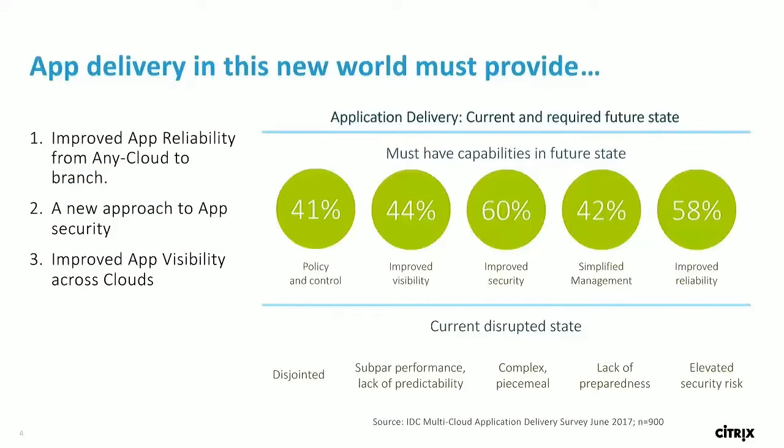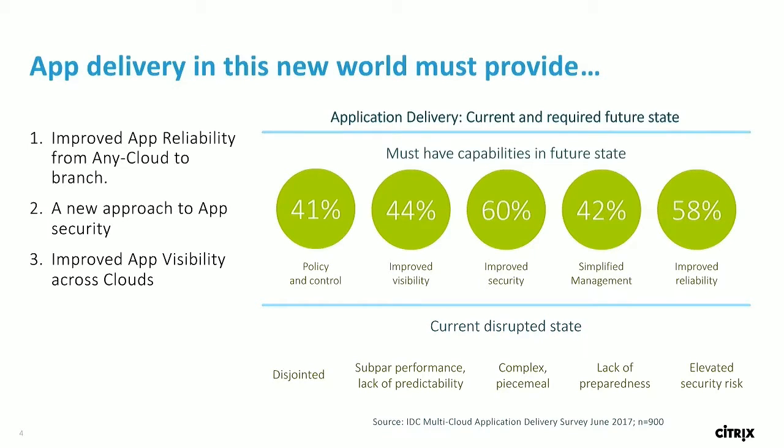Interestingly enough, IDC did a survey of different network experts like yourself on what would be the top requirements of an application delivery solution. And the three top requirements that came out as must-haves are app reliability, security, and the end-to-end visibility.